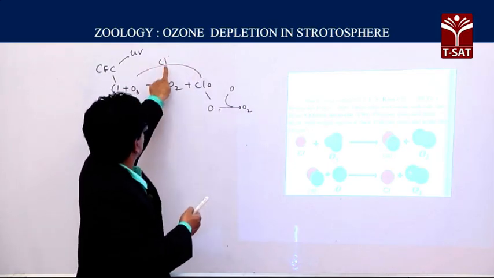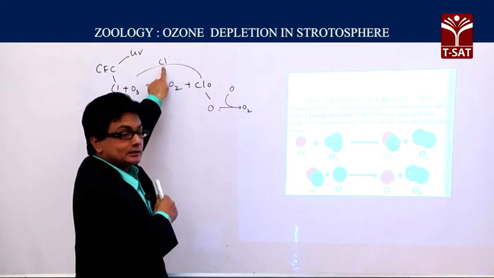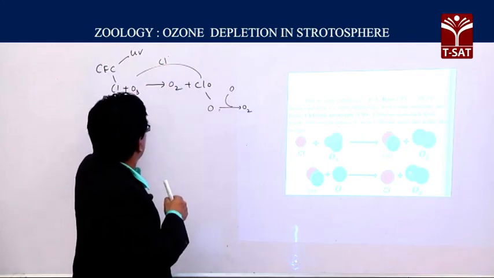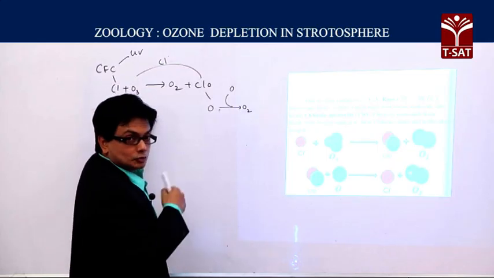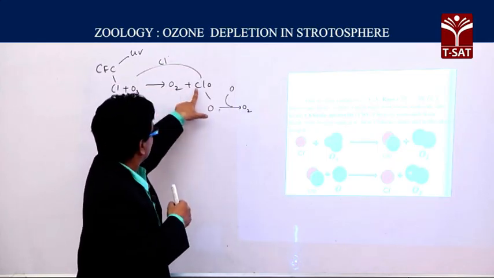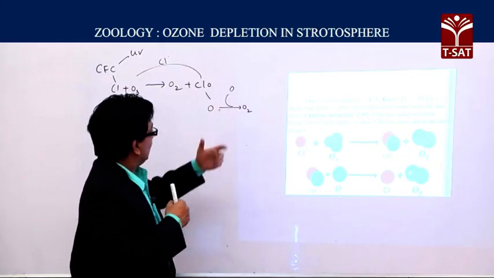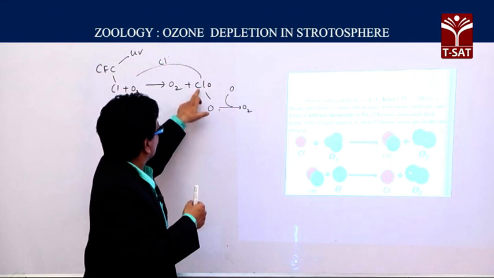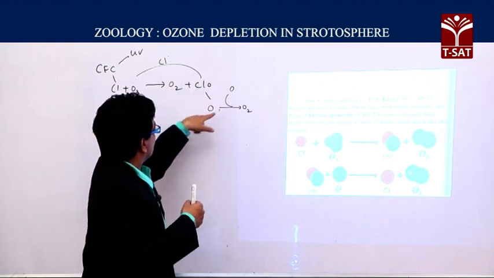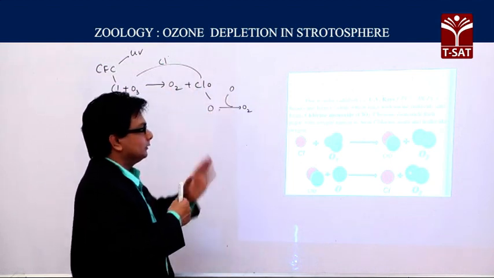This particular process, again Cl is released, you can see the Cl is released again, and the Cl again reacts with O3, again the triatomic ozone is becoming oxygen and chlorine monoxide, and many such chlorine monoxides are available, and again the chlorine is released away and the nascent oxygen combines with another to form the O2.